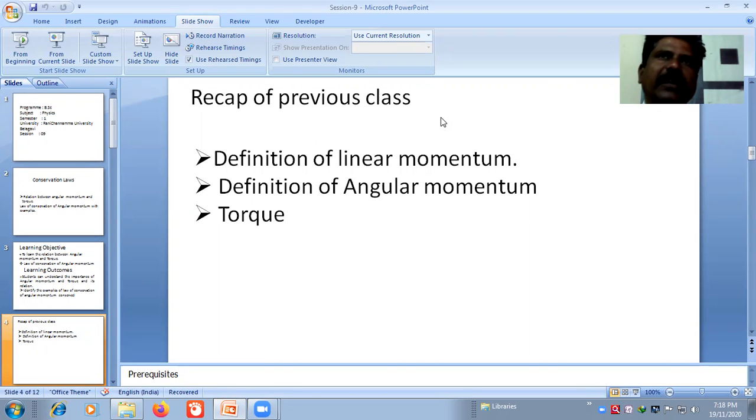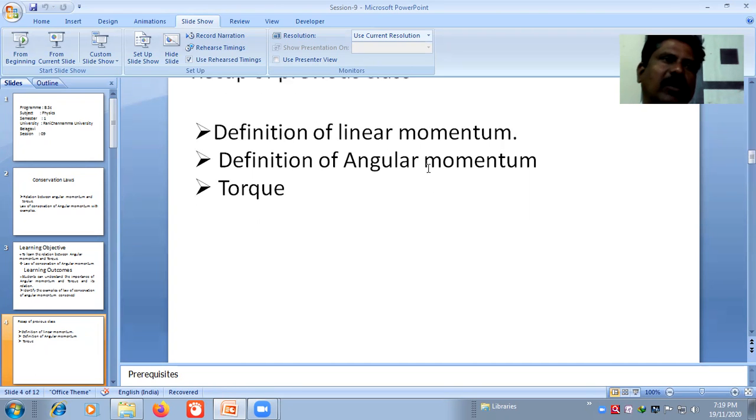There J is the angular momentum, which you already know. That's why it is defined as the time rate of change of angular momentum of a particle about a fixed point.